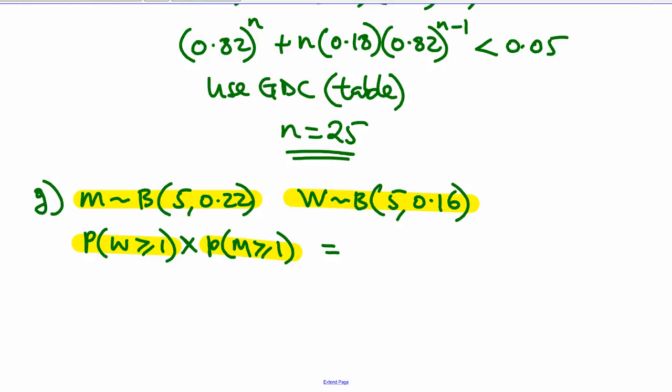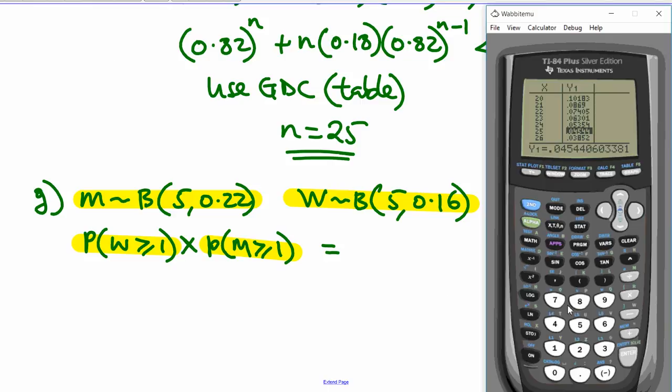So let's work out the first one. We can actually work out all of them together, hopefully. Let's start with the first one.